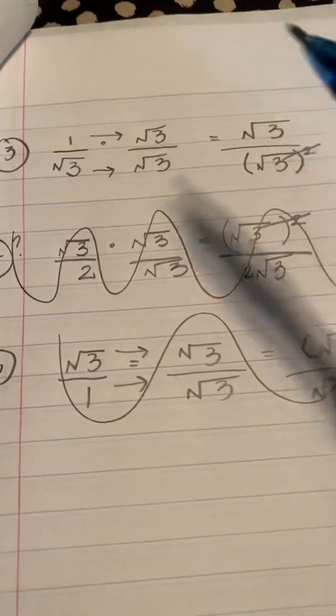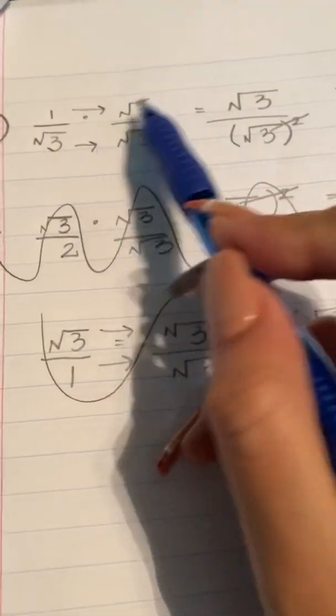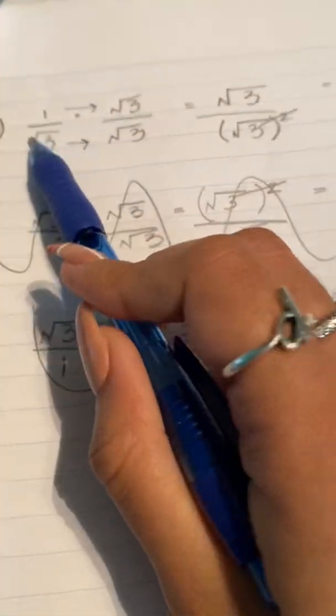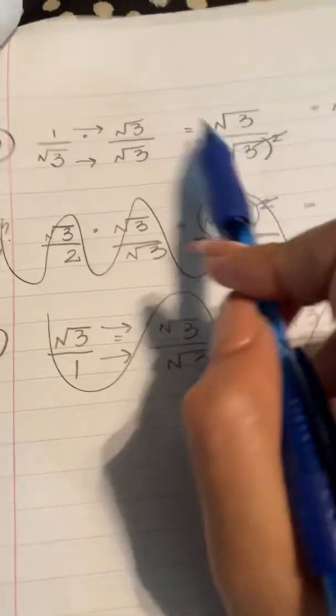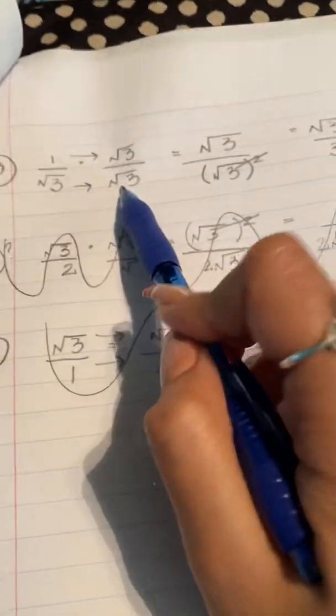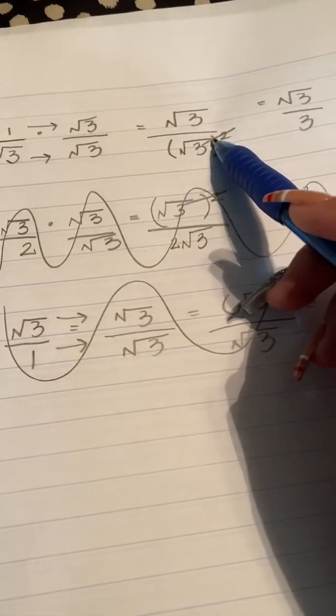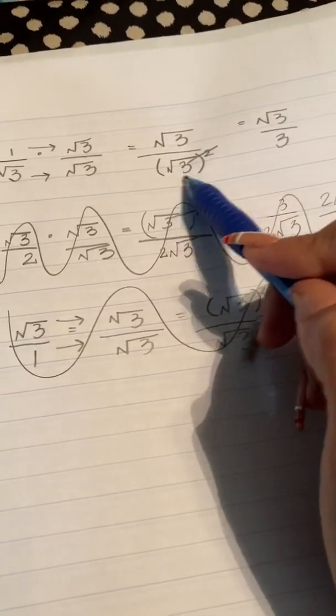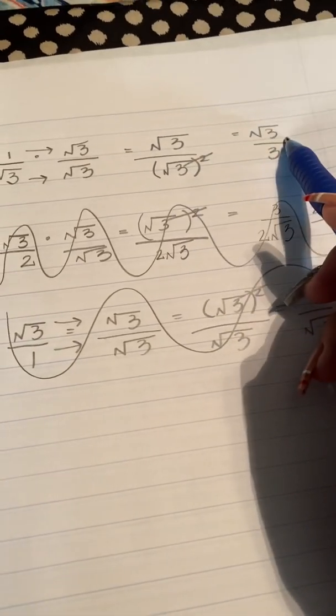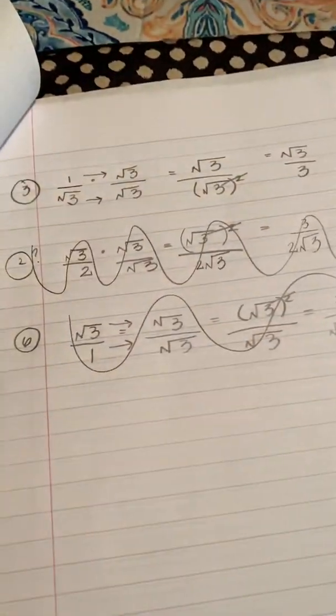To cancel out the square root, let's multiply both by square root of 3. So 1 times square root of 3 is square root of 3. Square root of 3 times square root of 3 is square root of 3 to the second. The square root and the second cancel out, which means you end up with 3. So you end up with square root of 3 over 3.